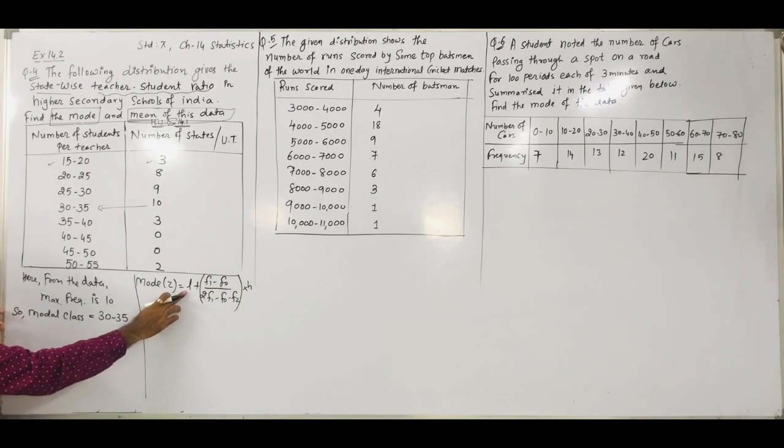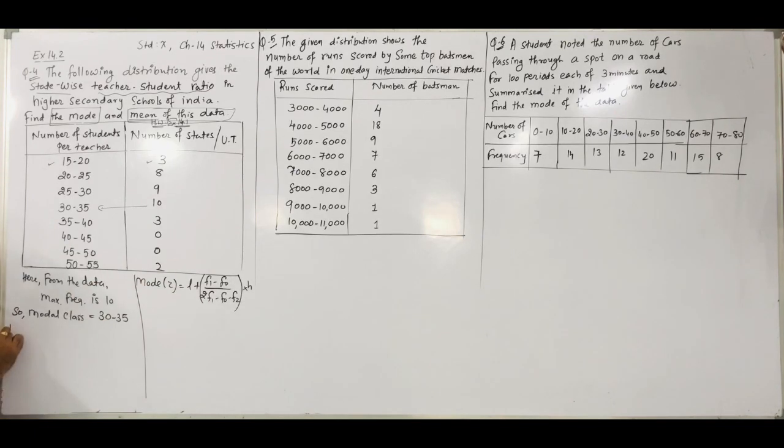In which we require the first value L. We already discussed in our previous period, L means the lower limit of the model class. Model class is 30 to 35, so its lower limit is 30. So we write the L value as 30.